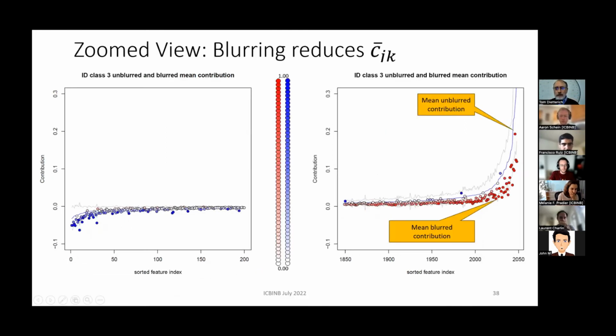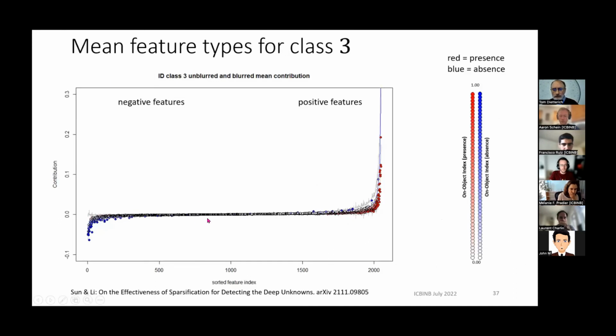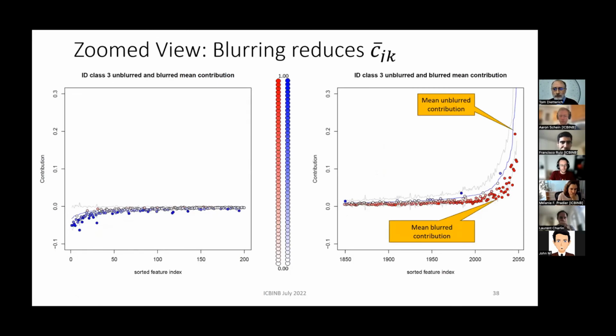The key thing we can see, it's kind of hard to see for this whole 2048 features, but if we zoom in on just the tails, is the average contribution of each of these features to the logit score. And when we blur the image, mostly those contributions drop.